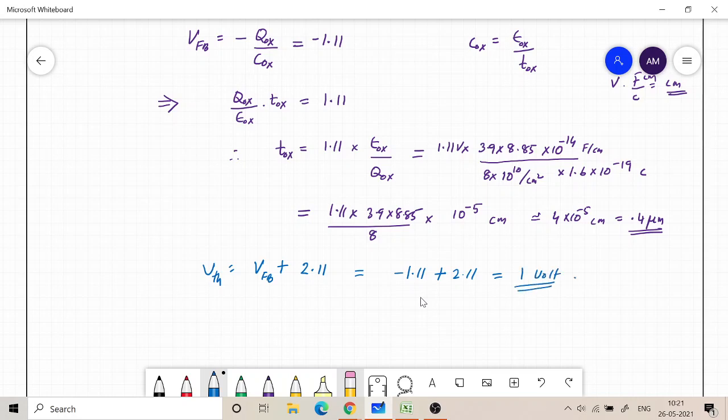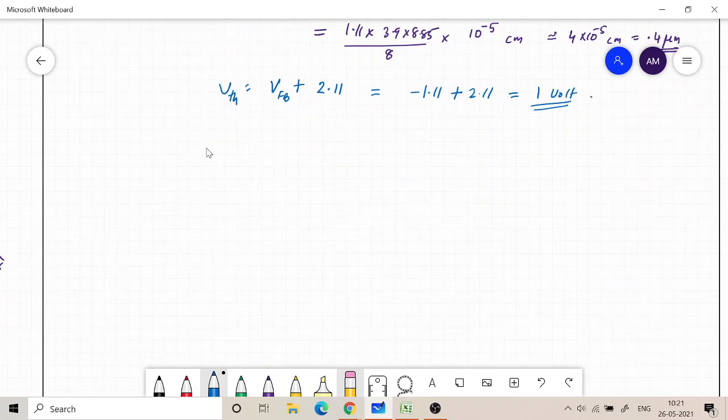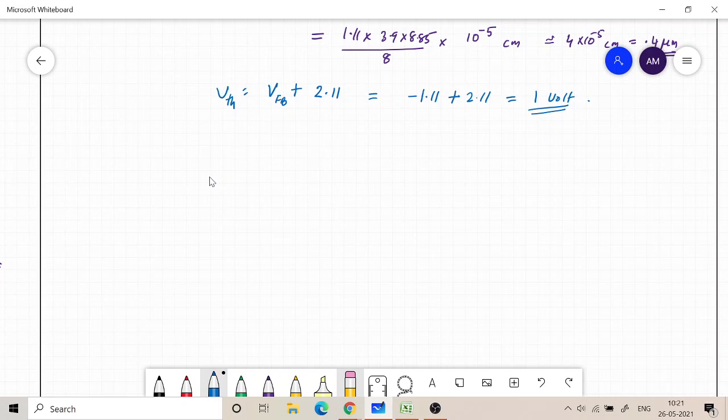Okay, so we completed basically the physics of the MOS capacitor, and this is what we are going to make use of for building a MOSFET.